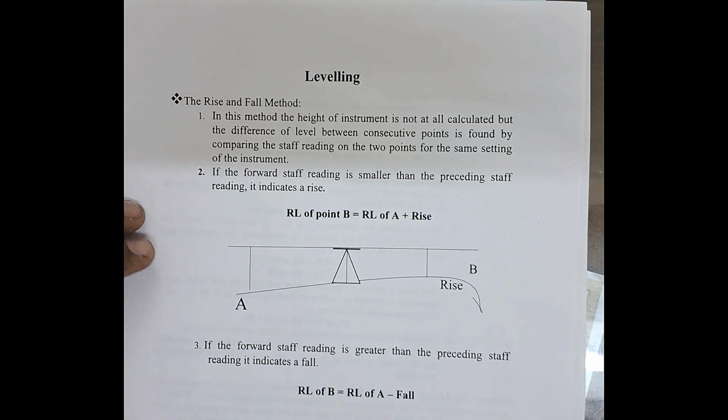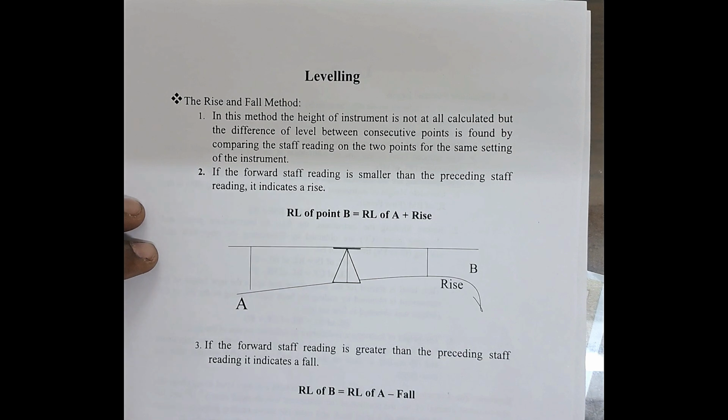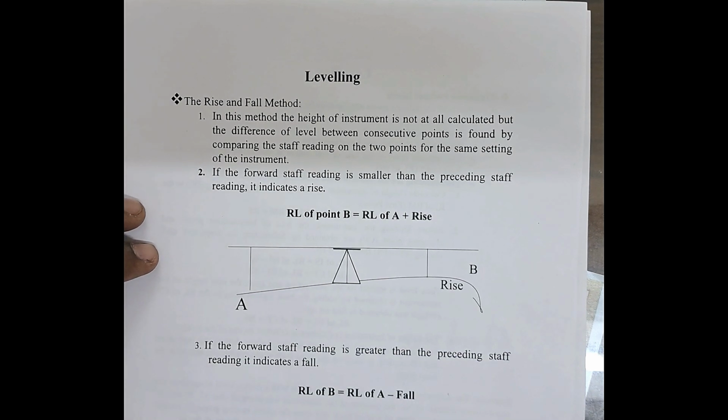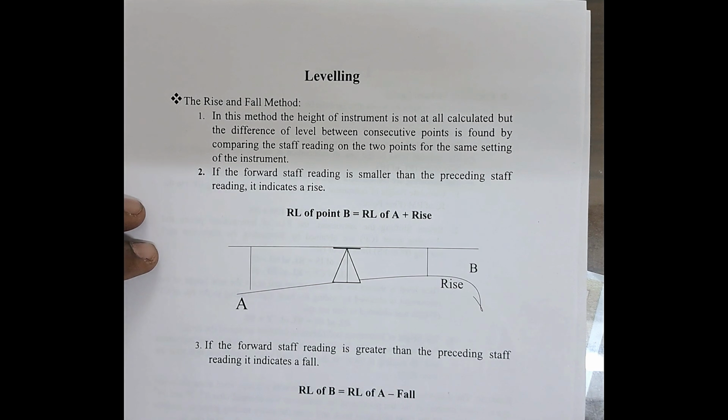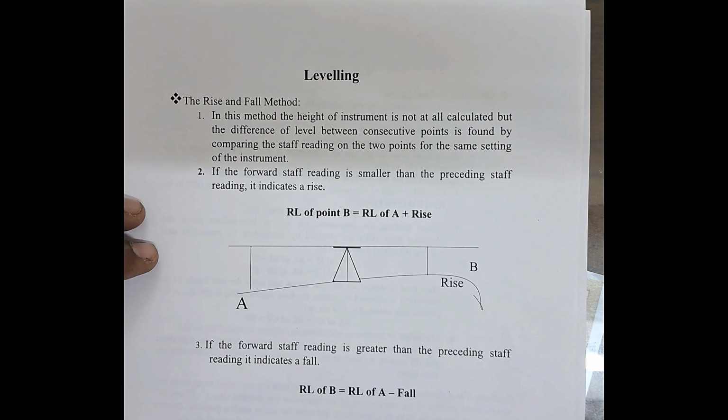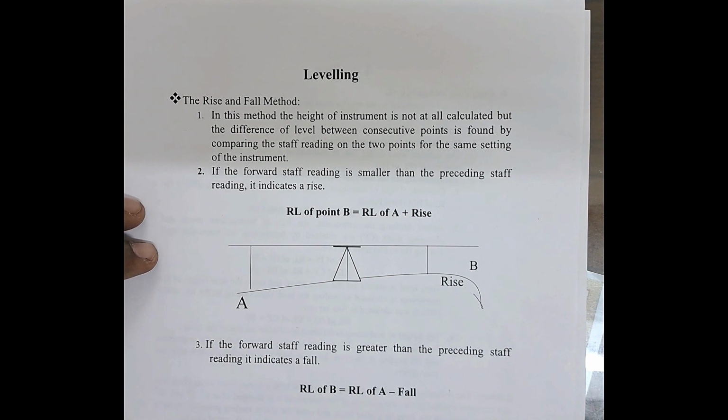Hello everyone. So in leveling, generally we find the elevation of any point with reference to some reference line, or you can say the reference surface. For that we assume that our reference surface is mean sea level.